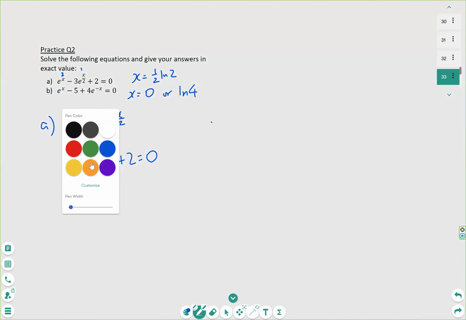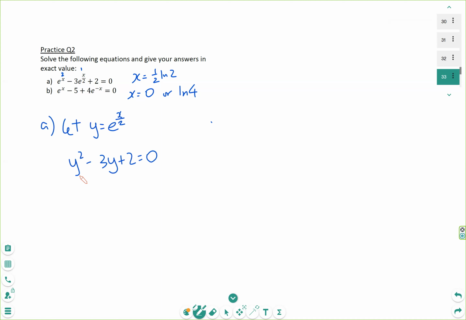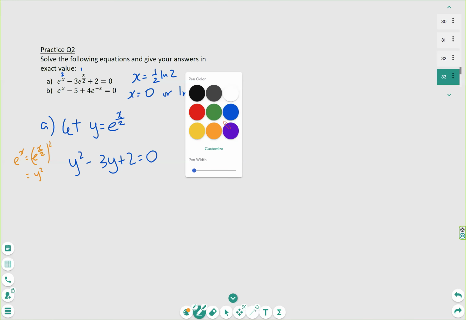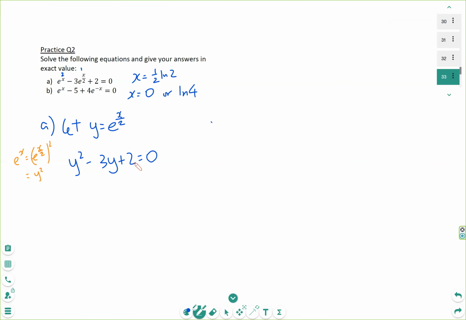Now, if you're struggling with why it's y squared in here: because if e to the power of x over 2 is y, then e to the power of x is the same as e to the power of x over 2, squared. So that's the same as y squared. So y squared minus 3y plus 2, put it in a calculator, you should get y equals 1 or y equals 2.